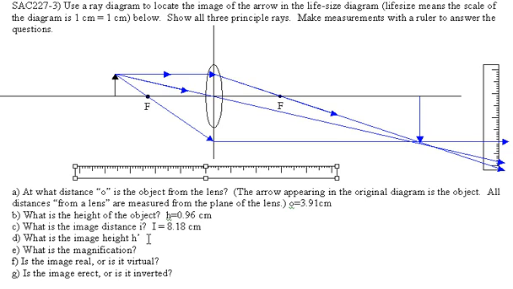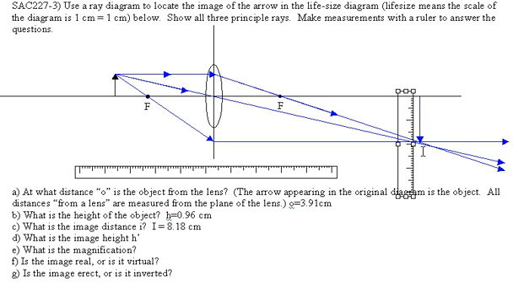And then what else do they want to know? The image height, h prime. Drag this one over for measuring vertical distances. And as far as I can tell, here's 1, and that was just a half.